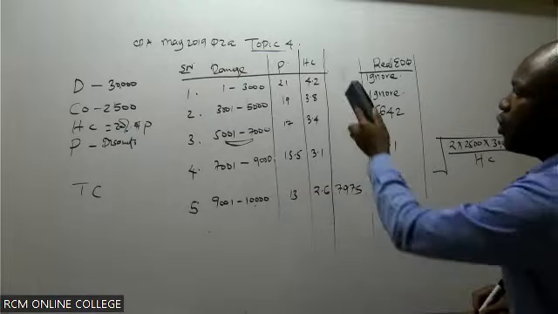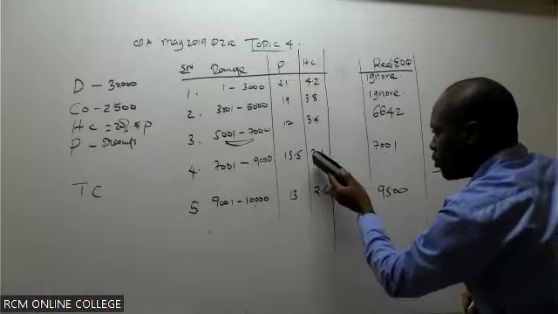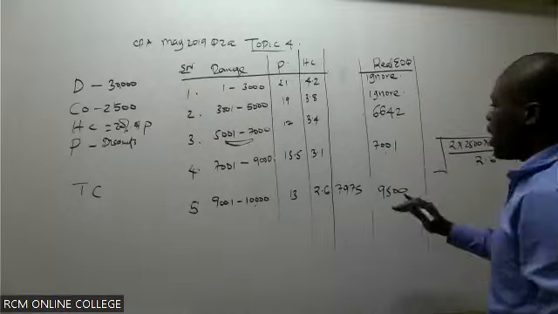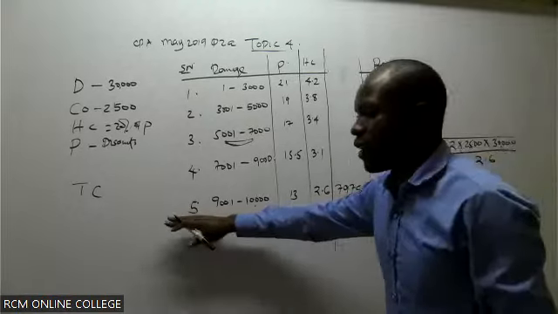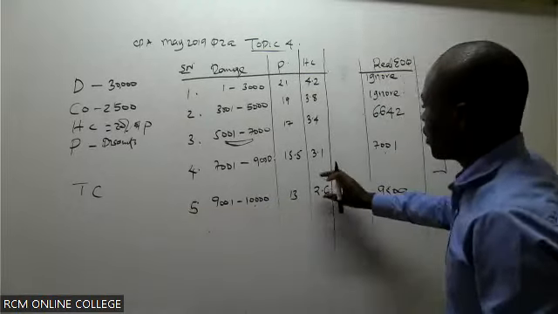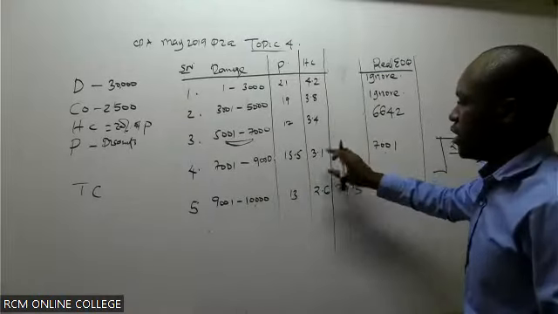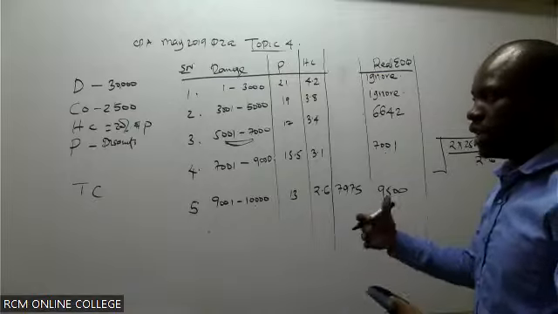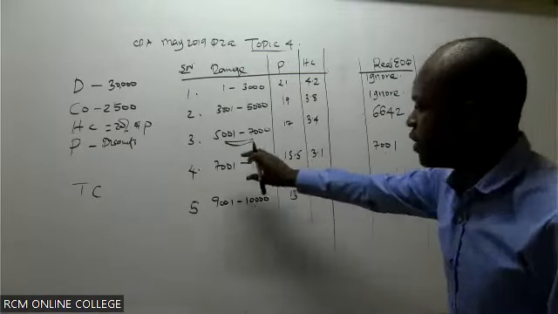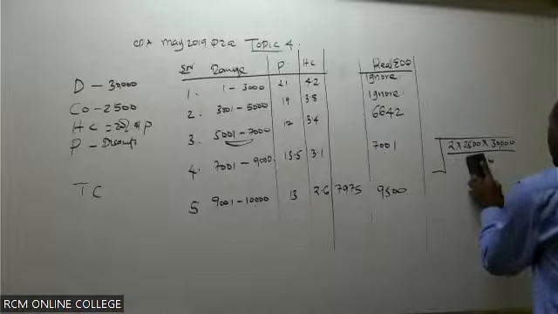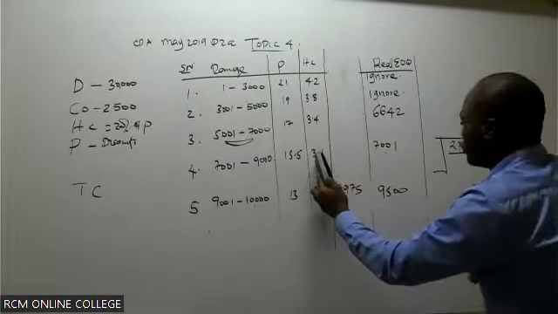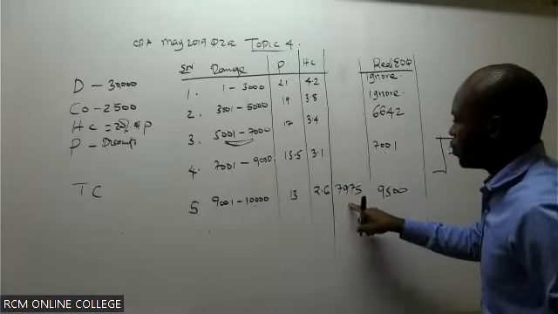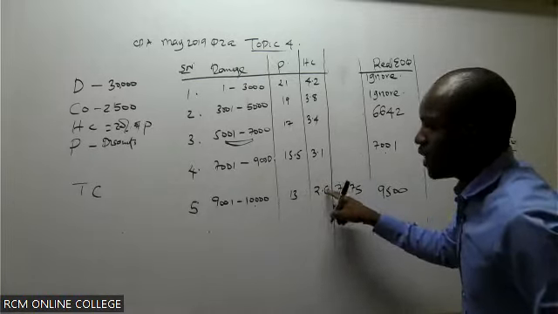You are taking holding cost of 2.6, not 3.1. Ukichukua 2.6. Where are you getting 2.6? From this range 5. Why do you take a figure from range 5 and use it in range 4? Yet, range 4 has got 3.1. Why do you want to bring it back? If you want to bring anything for range 4, then do away with 2.6, give us the holding cost in 3.1. Because this one here is coming as a result of the holding cost in that range.